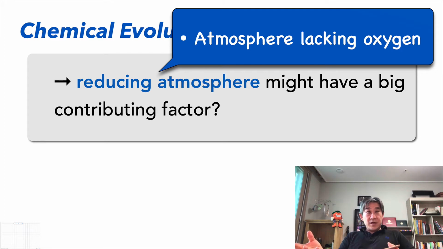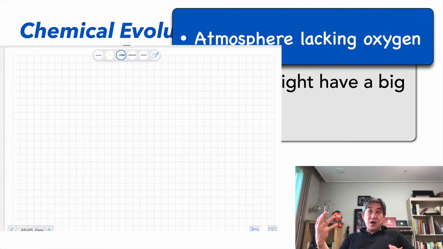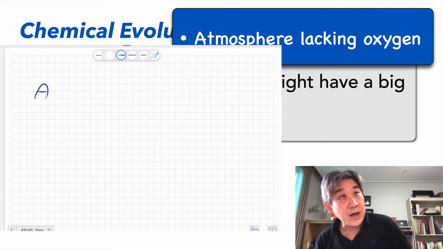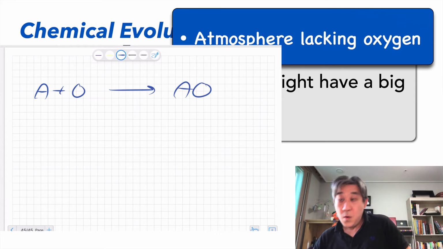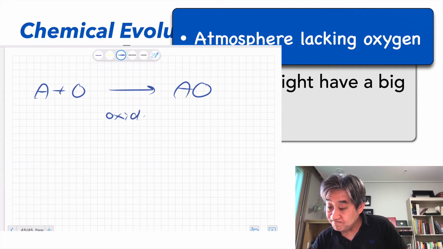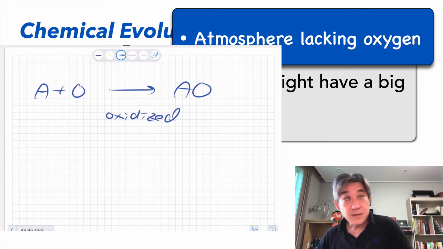Why is it called reducing? Because of the chemical activity involving oxygen. If one chemical A gets to combine with oxygen to become like AO, then we call that oxidized.